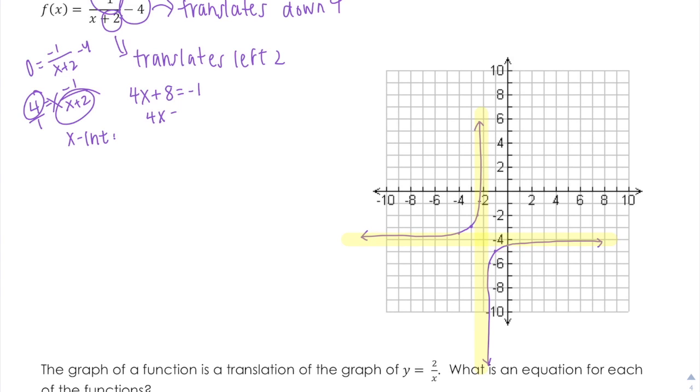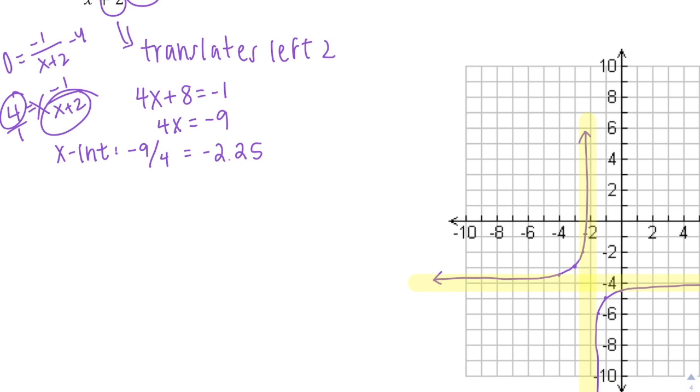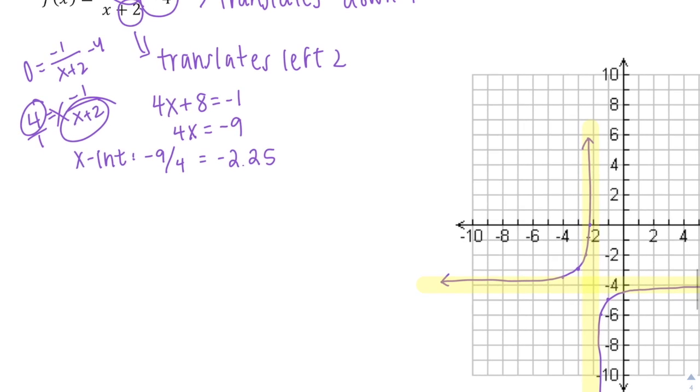Subtract 8, so 4x equals -9. Divide both sides by 4, and so my x-intercept is going to be -9 over 4, which as a decimal is -2.25. So I can go and look at this and double check. Does that look like it's at -2.25? Yeah, it's right around there, so I'm in the right spot.